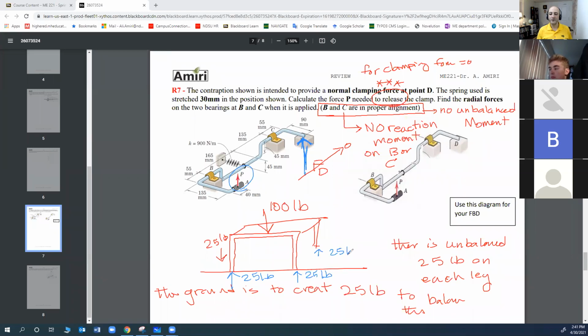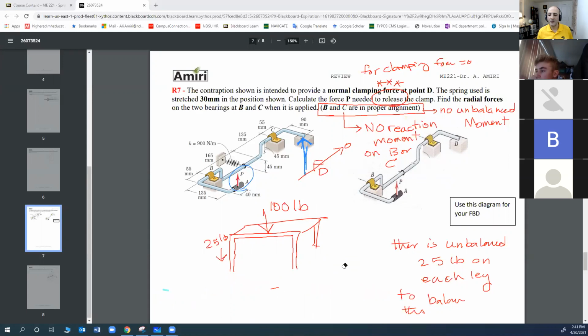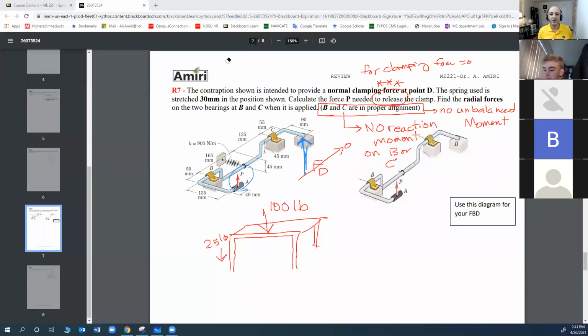Okay. So now I'm going to say proper alignment. Let me see if I can erase the floor. Now I say this table is, by some mechanism or whatever, hanging about 2 inches off the floor.